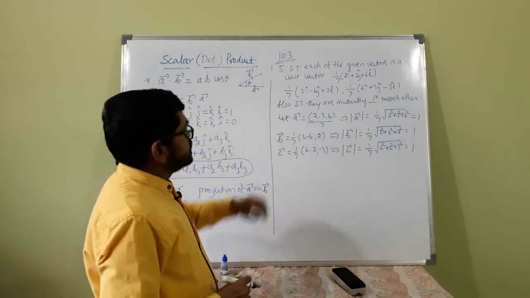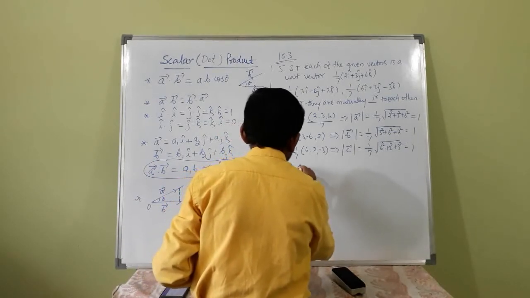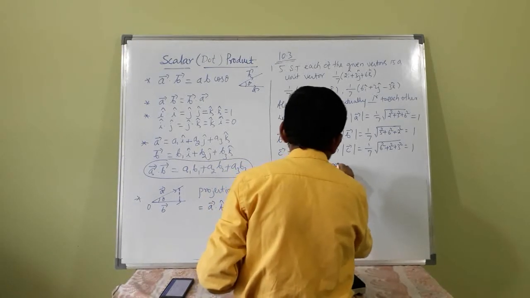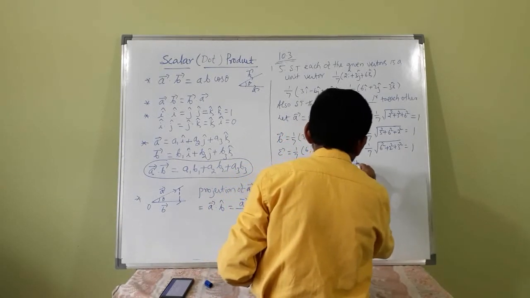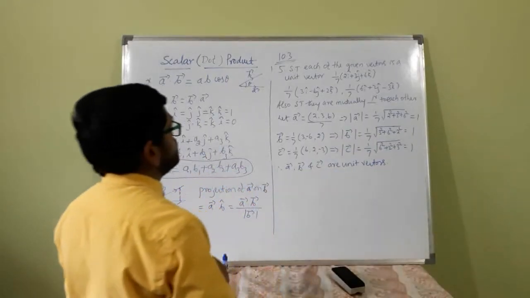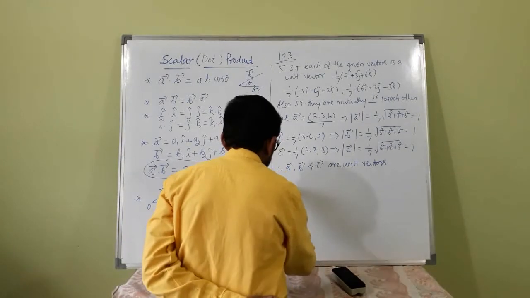Therefore A, B and C are unit vectors. Now show that they are mutually perpendicular to each other.